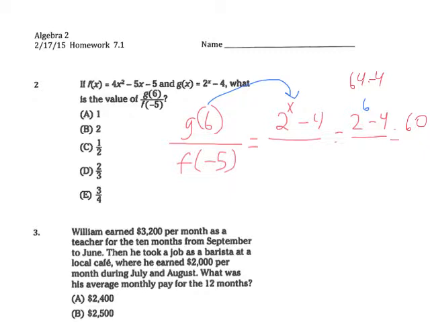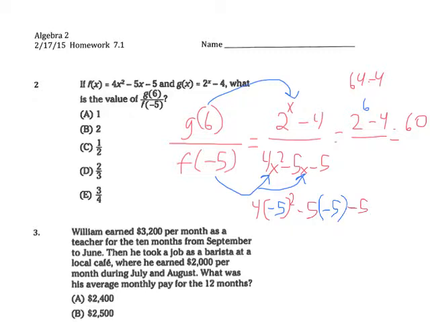Alright, now we have the f function. The f function is 4x squared minus 5x minus 5, and so we need to take that number -5 and put it right there, and also right there. So that would look like this. A calculator would be handy here. The squared, minus 5 times -5, minus 5.